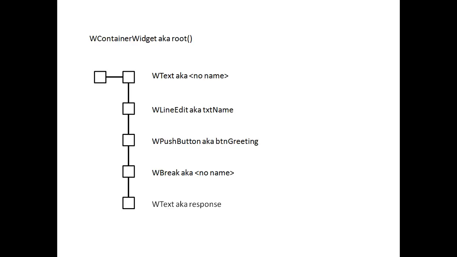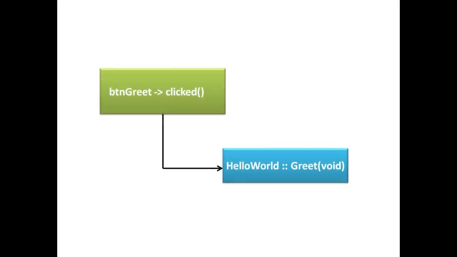So as you can see, basically you have your root, and then you have each of your branches, 1, 2, 3, 4, 5, and they've been added to our widget hierarchy. Then if you look at the button greet, it has a clicked signal which generates events, and you can also think of it as a kind of hierarchy.